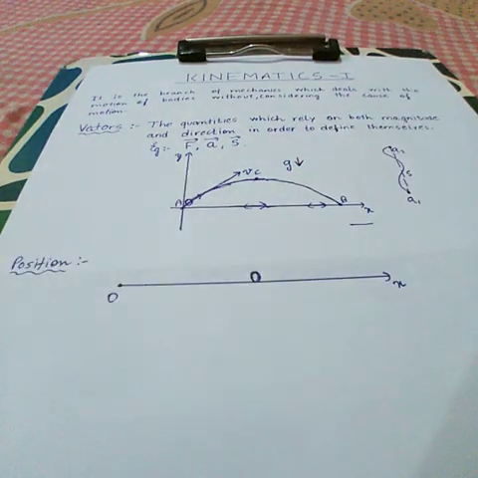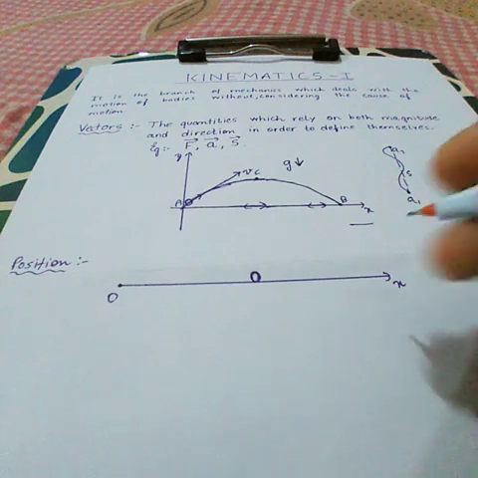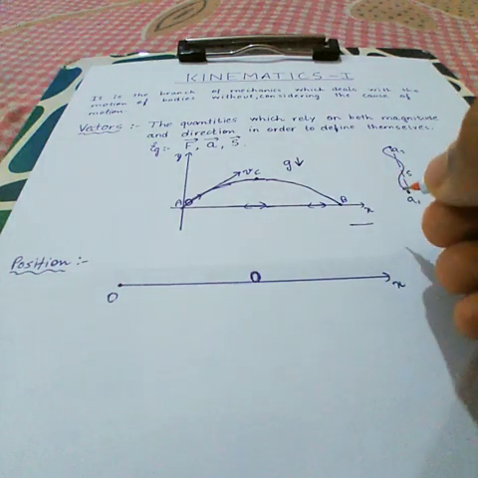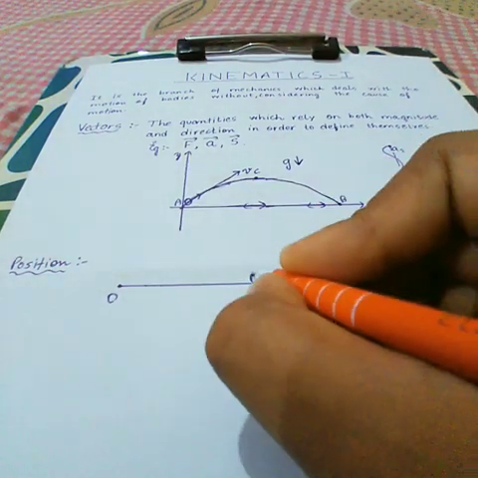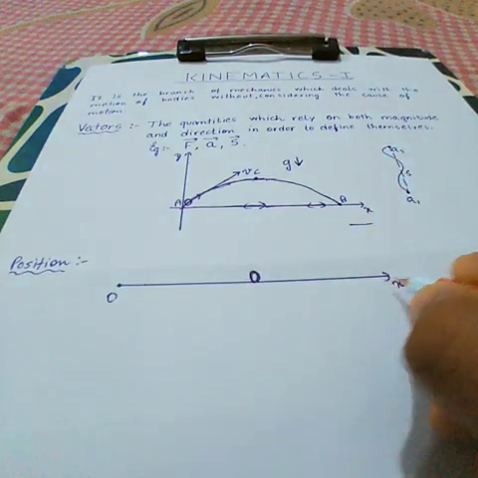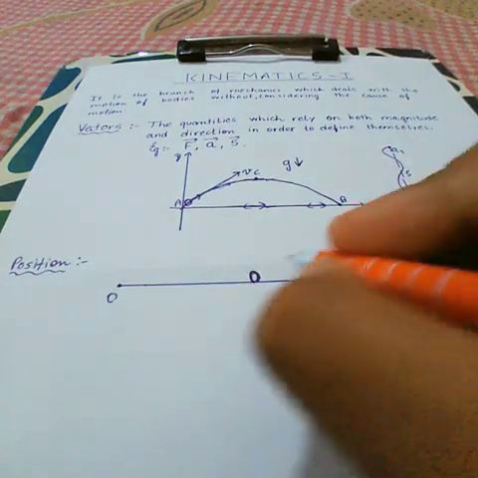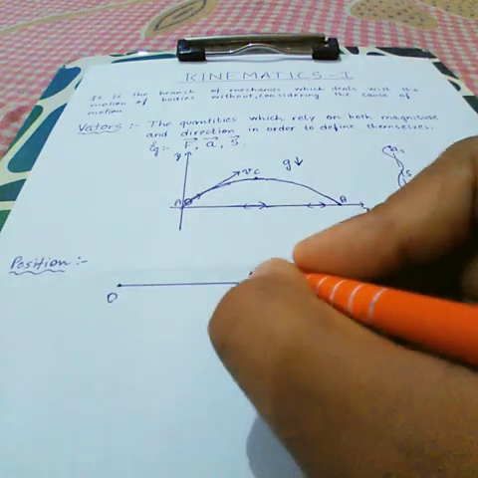Now, we are going to study about position. To understand this, we will take an example. We are taking a ball here on this horizontal x-axis, and we are supposing it to be here.